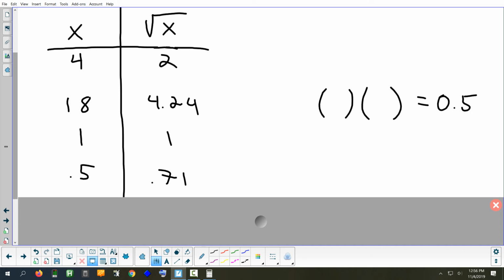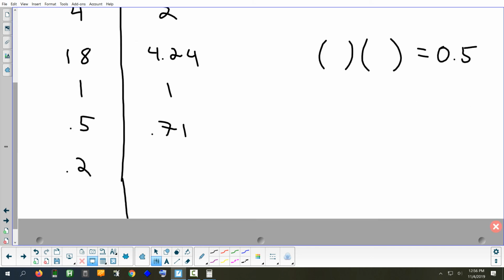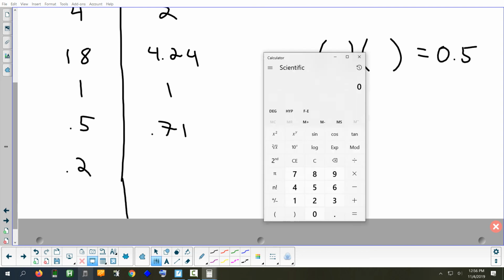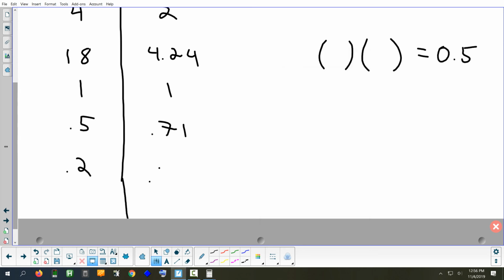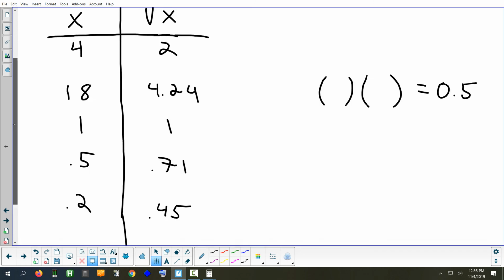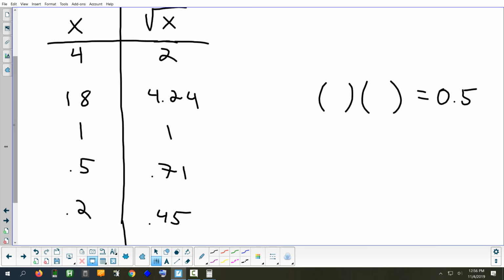So what happened that time? It got larger. And if we take the square root of 0.2, you're thinking of two numbers you can multiply together and get 0.2. The numbers have to be bigger than 0.2. Probably about 0.4, 0.45. So, can anyone generalize what happens when you take a square root?